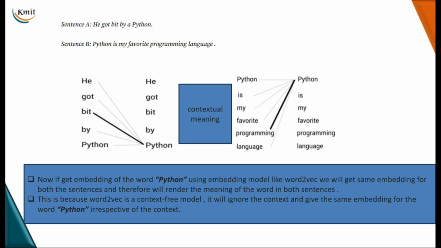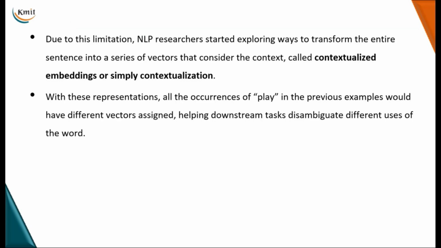Another example: he got bit by a python is one sentence, and Python is my favorite programming language is another. Python is the same word, but the context in both is different, so just getting the word embeddings would not be enough. Word2vec is a context-free model which ignores the context and gives the same meaning for both uses of Python.